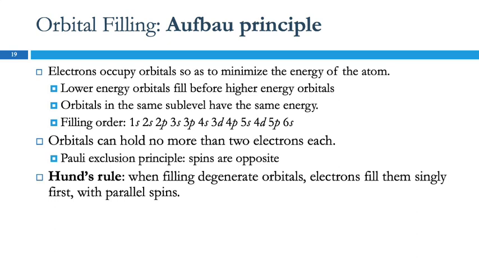I'm going to get to an analogy that hopefully will make it easier to think about. There's another principle. It's called the Aufbau principle. Electrons will occupy orbitals to minimize the energy. So they're going to fill up the lowest energy orbitals first.